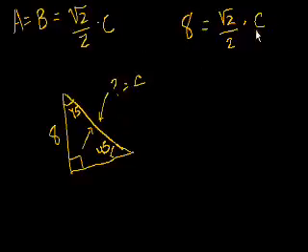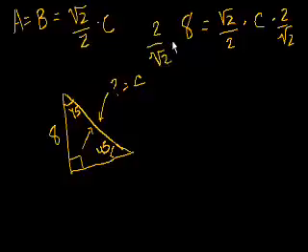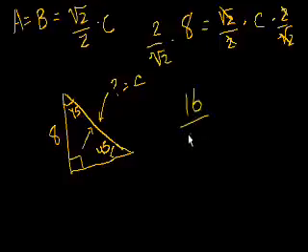So if we multiply both sides of this equation by 2 times the square root of 2, I'm just multiplying by the inverse of the coefficient on C, because then the square root of 2 cancels out with this square root of 2, and this 2 cancels out with this 2. We get 2 times 8, 16, over the square root of 2 equals C, which would be correct.